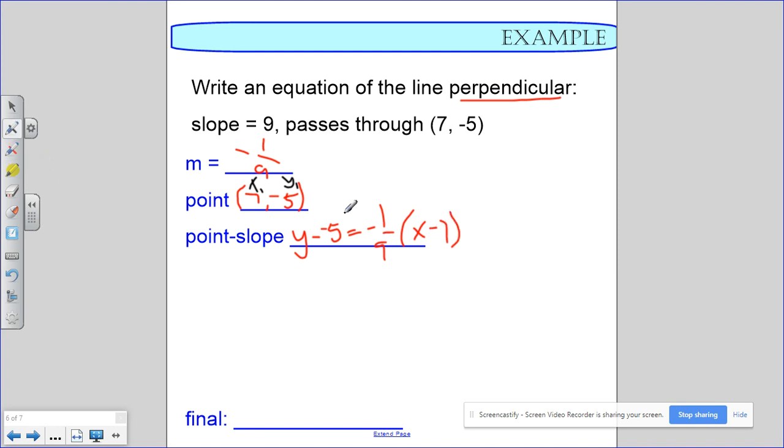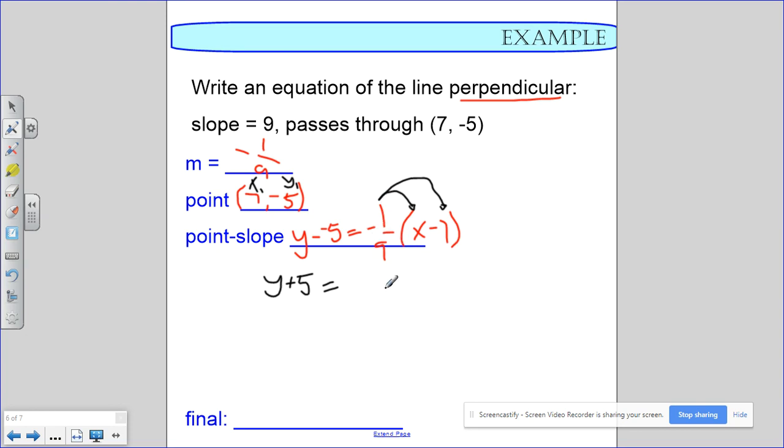Okay, we are taking our point-slope form and putting it into the slope-intercept form. So on this side, y minus a -5 is y plus 5 equals. Remember, when we have a number outside of our expression here, we are distributing this number to each part.